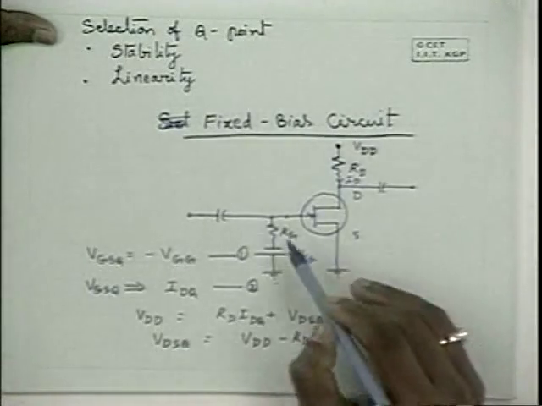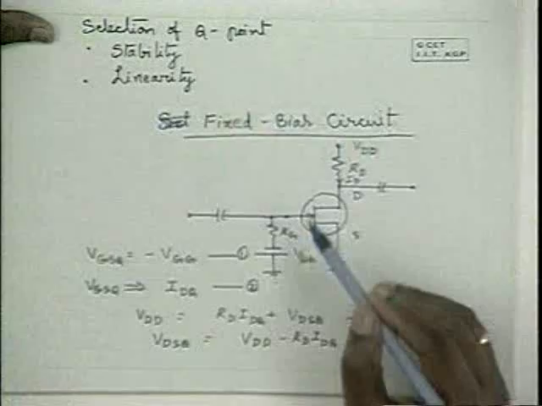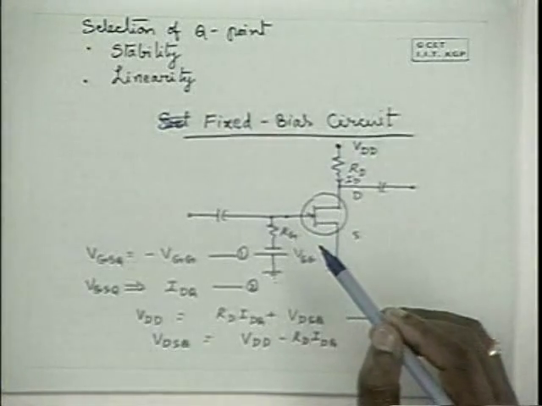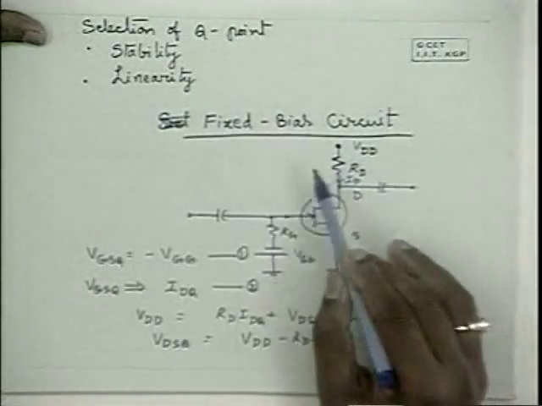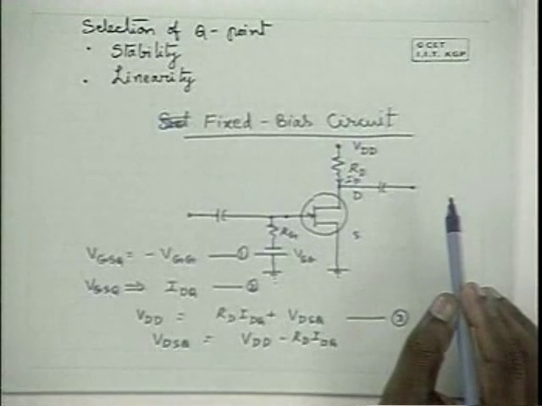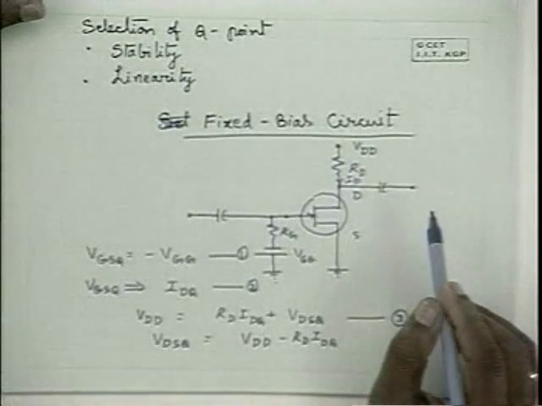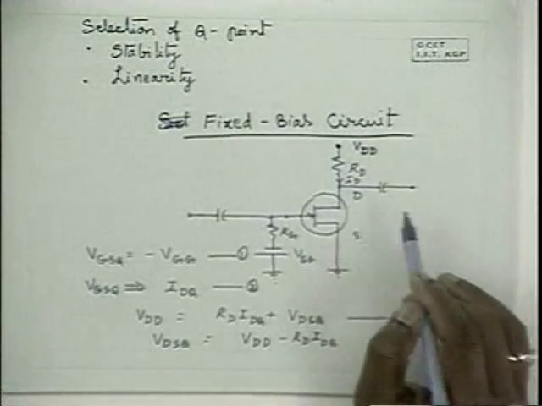Prior to designing the circuit, that means finding the values of the various parameters like RD and so on, selection of the Q point is a design step, and selection of a particular biasing circuit, fixed bias or self bias, is also a design step. And before that, selecting a particular junction FET.